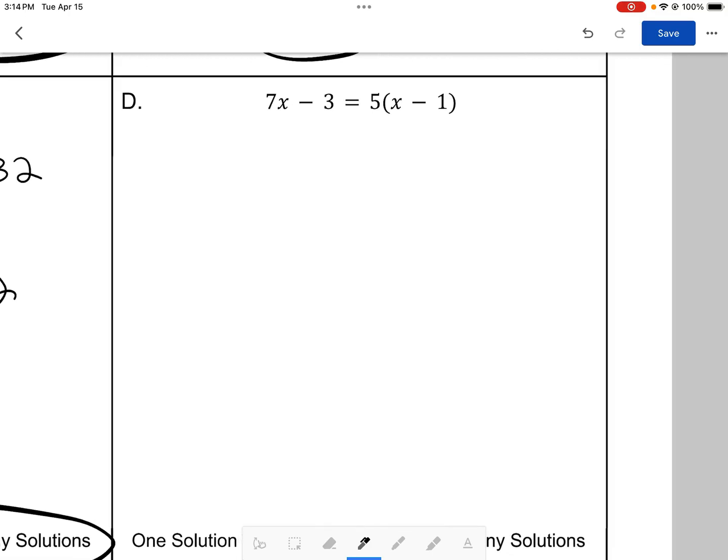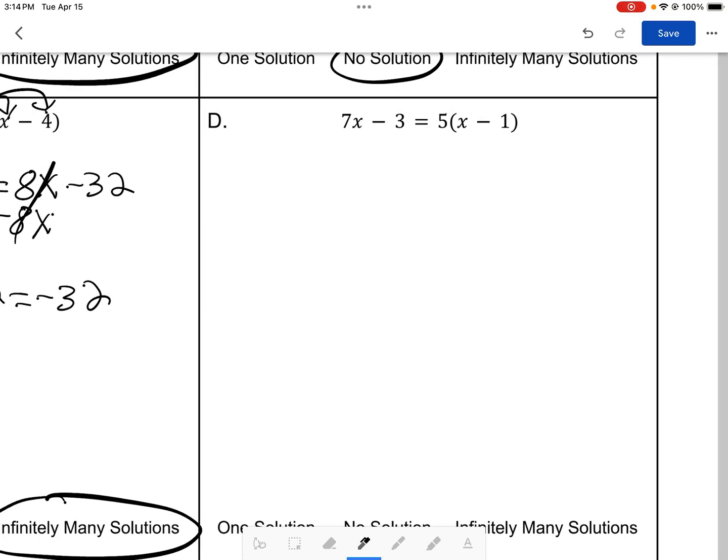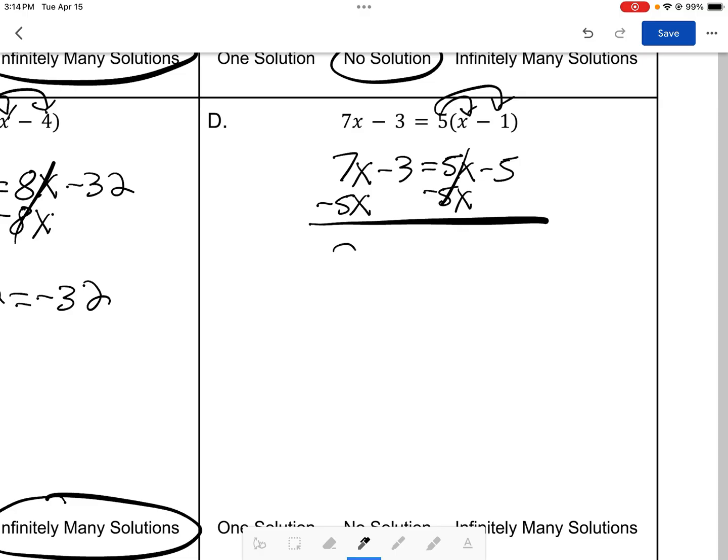And then finally, letter D, I'm going to distribute the 5 to the x and the 5 to the negative 1. So I'll have 7x minus 3 is equal to 5x minus 5. I'm going to subtract 5x on both sides of my equation. Those cancel. 7 minus 5 is 2x minus 3 is equal to negative 5.